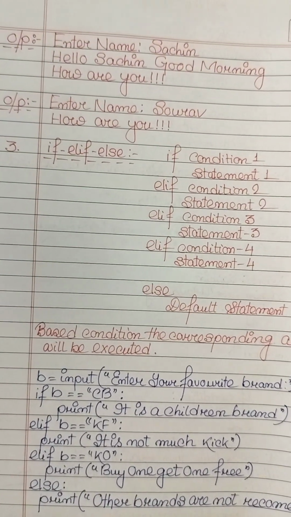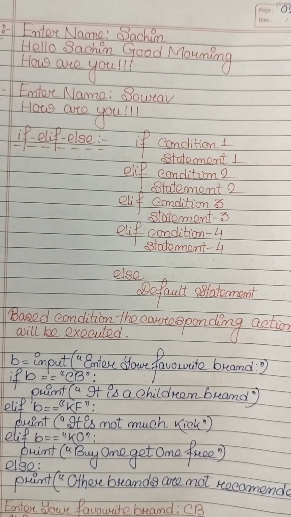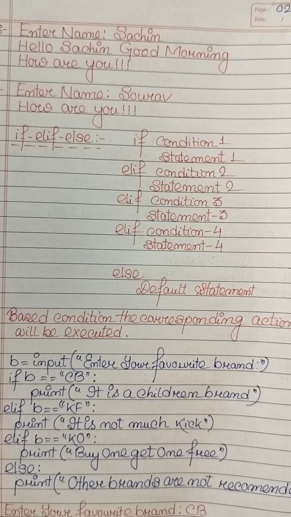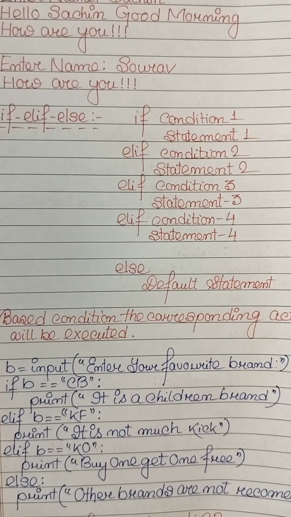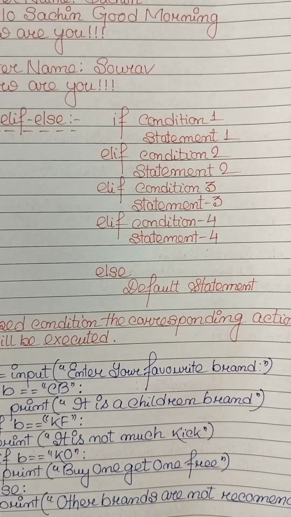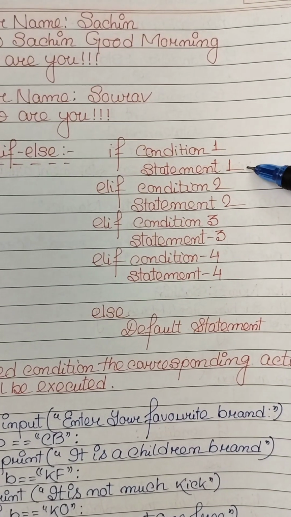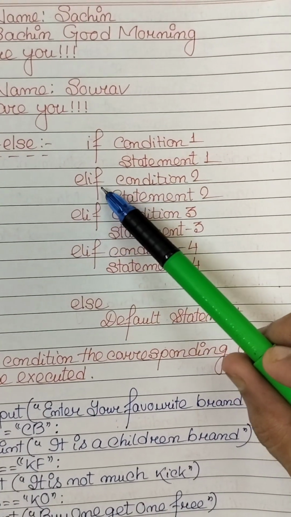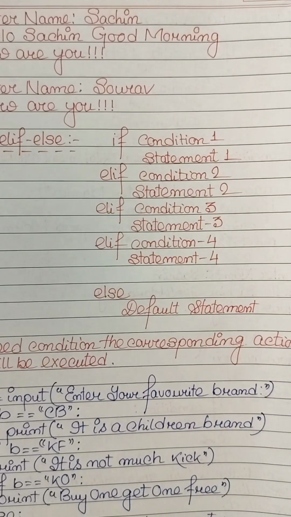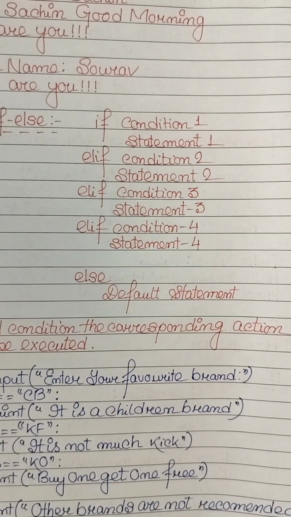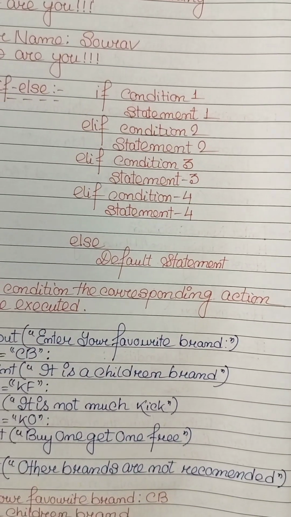Okay, our next example is if, elif, else. That means if condition 1 is true, then statement 1 will be executed. Otherwise it will move to the elif block. If the first elif condition is true, then statement 2 will be executed.